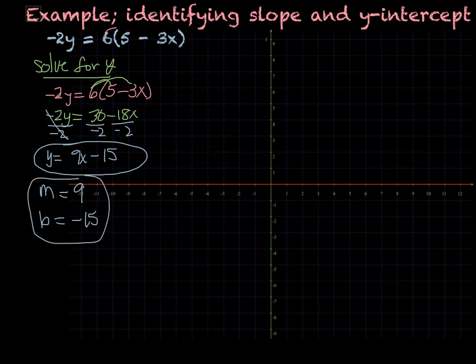So now I can graph that, graph negative 15. So I'm going to go by 2's here. Negative 4, negative 8, negative 12, negative 14, and negative 16 there.